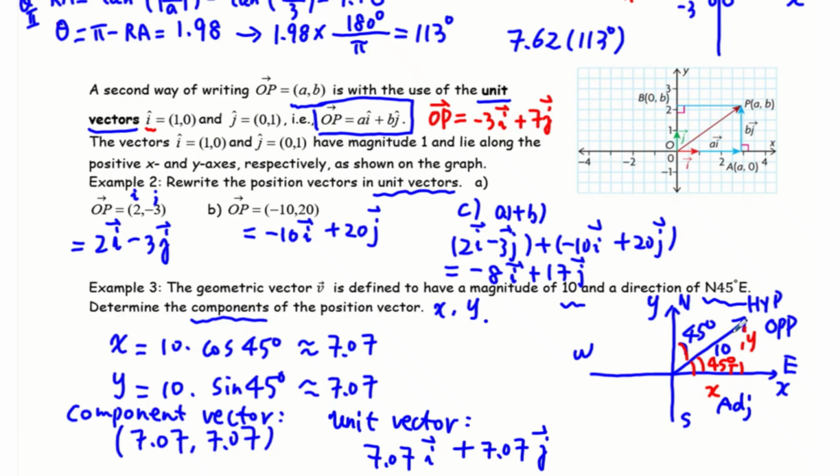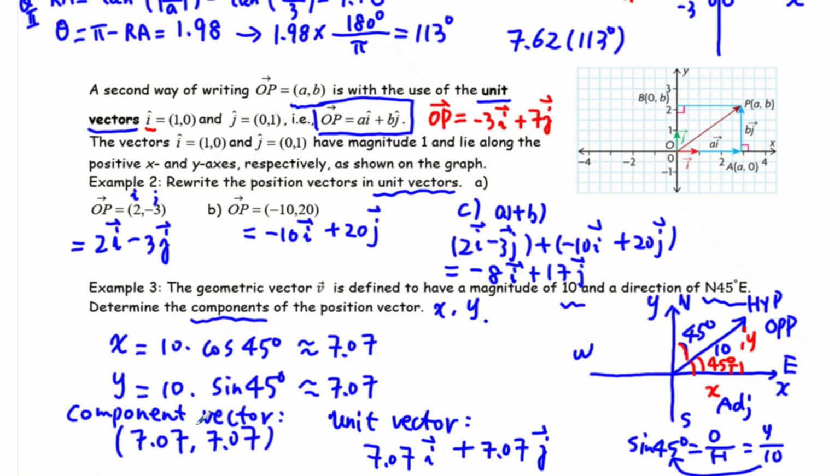So sine equals opposite over hypotenuse, which is y over 10. Then we move the 10 to the other side, and we have y equals 10 sine 45. And for the cosine, it's just x over h. So then you could find, okay, this is cosine, this is sine. So that is for two dimensions.